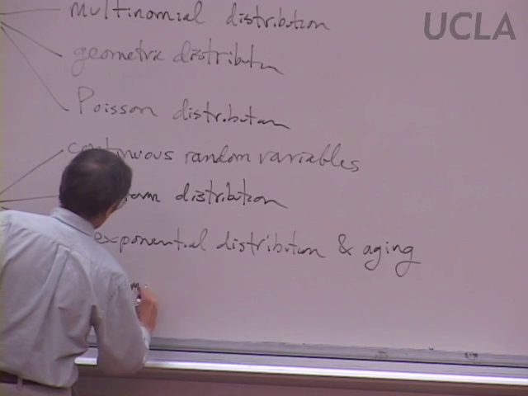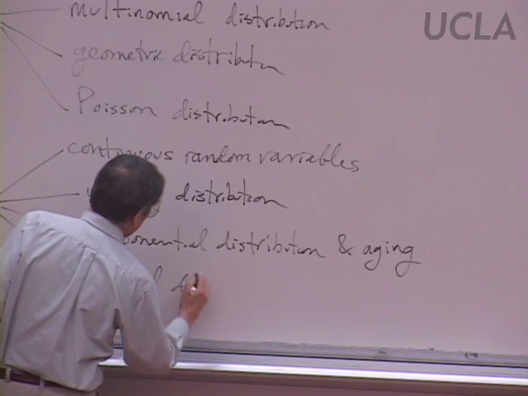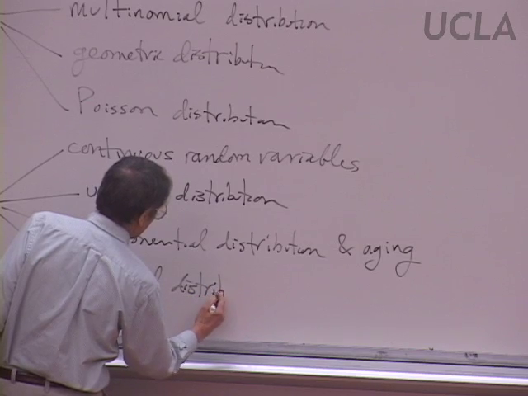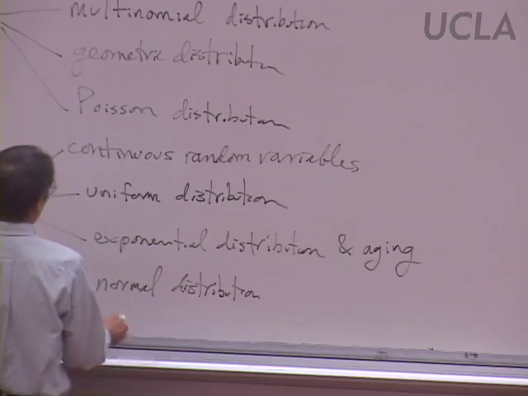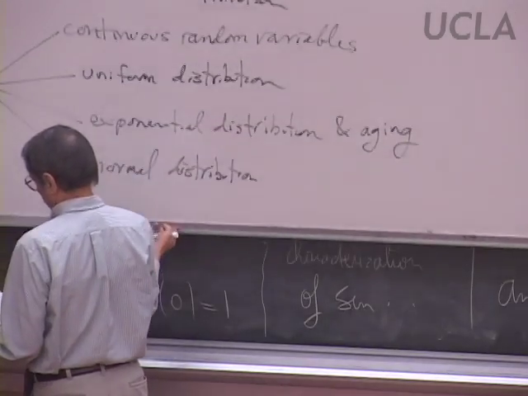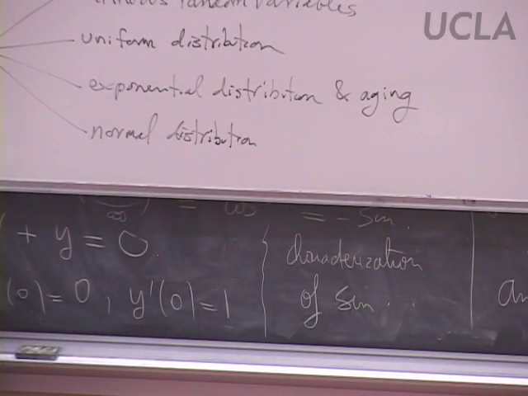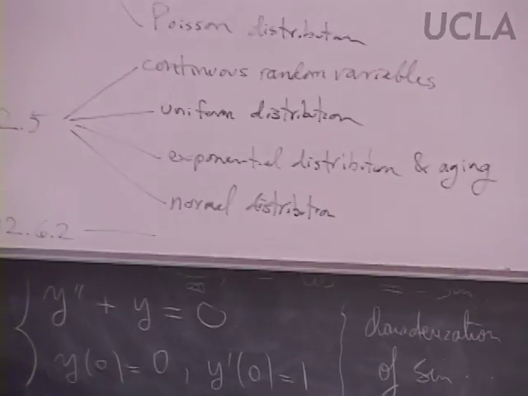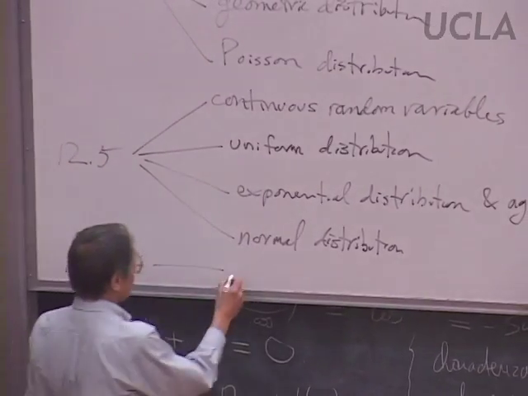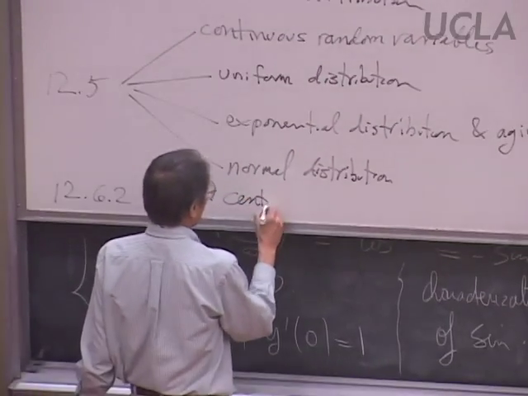And lastly, the normal distribution, which, of course, is closely connected to the last of the 8 sections on the central limit theorem.